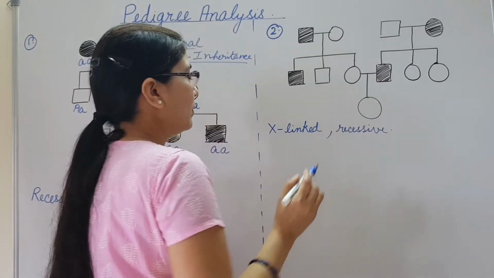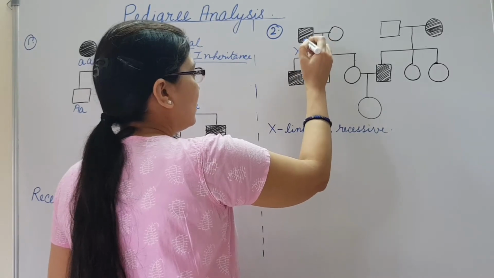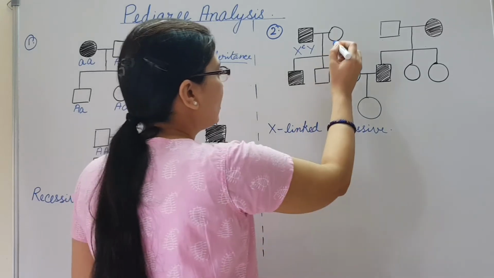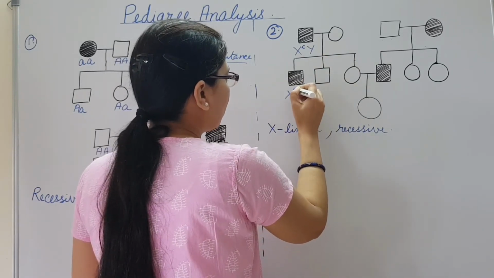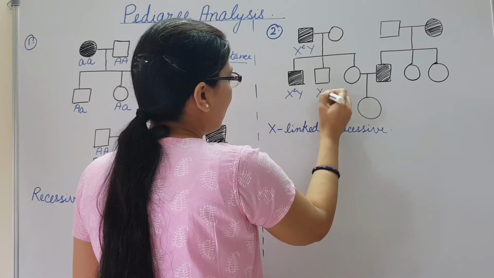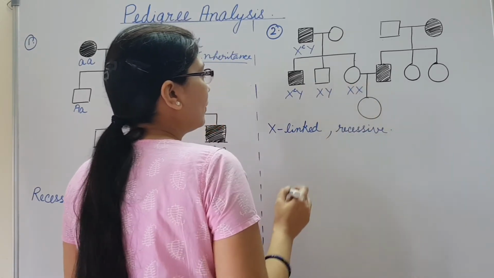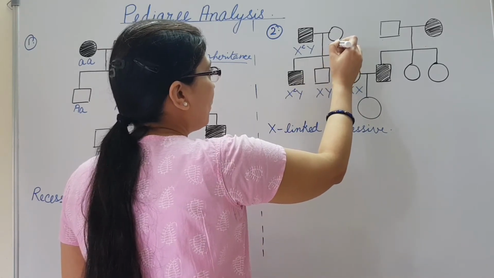Let us confirm this. Male is XY, it is affected, so it has one copy of the recessive allele. Here, this male is affected. This is unaffected and this female is unaffected. But the male receives X chromosome from female.